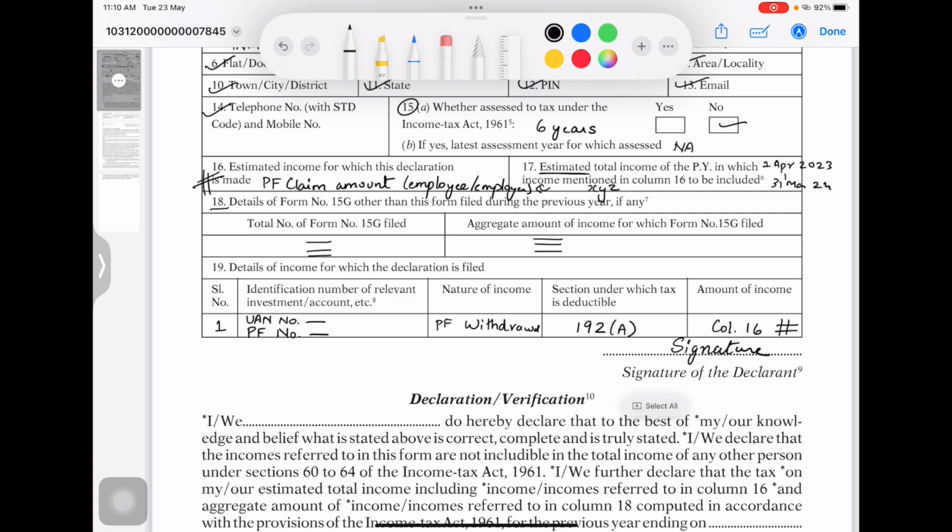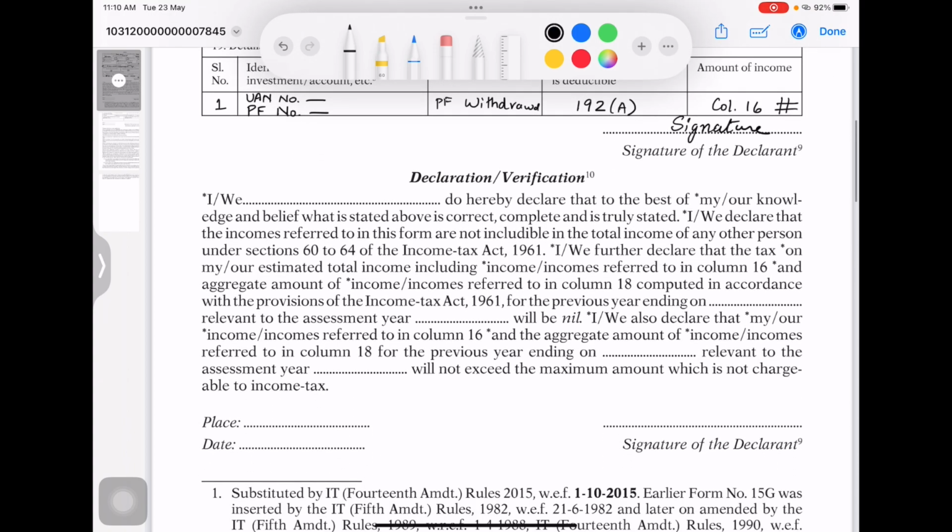And then finally we come to the declaration or the verification part. Now cross out all those things which are not applicable. All right. So first of all, write your name. Previous year is ending on, so when is the financial year ending? 31st March 2024.